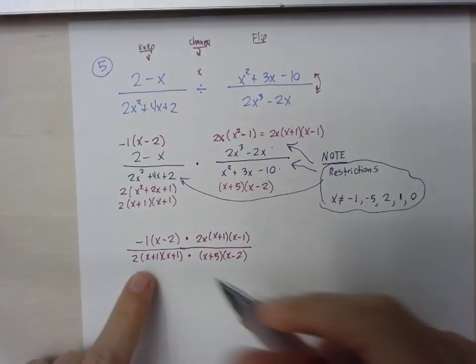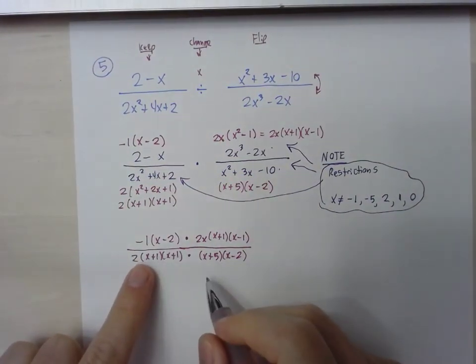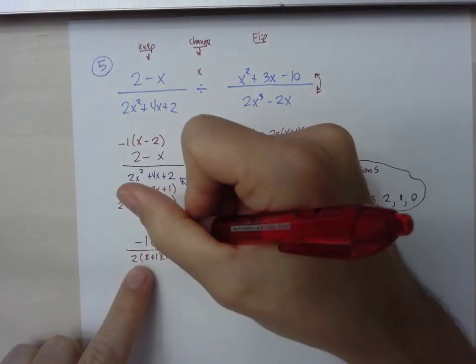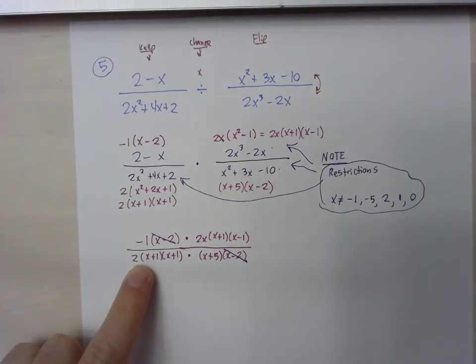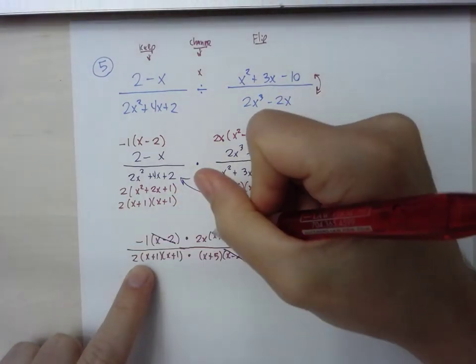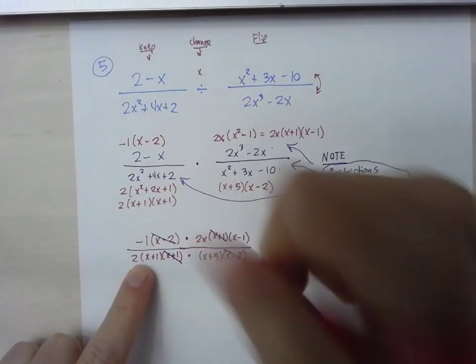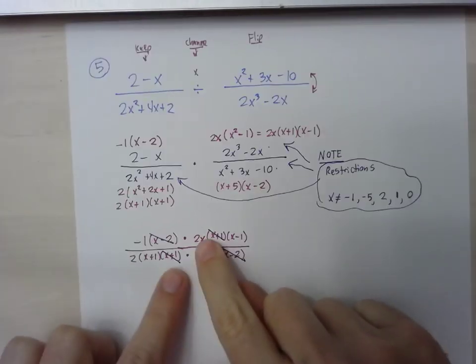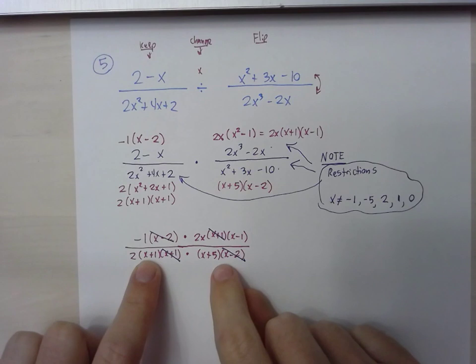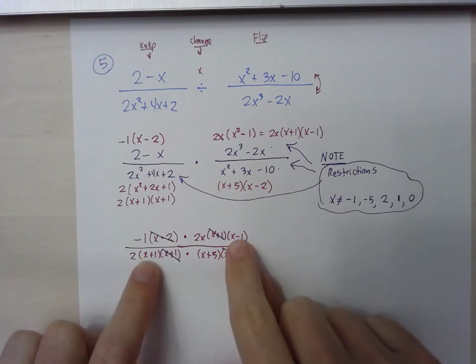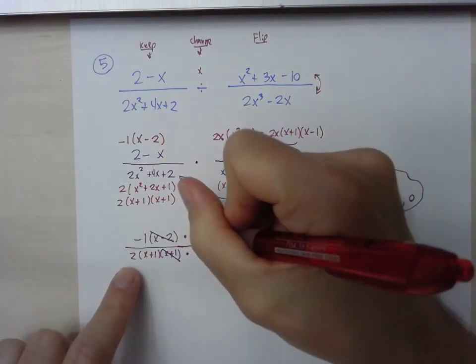So let's go back and cancel some things out from the denominator. This one has an x minus 2. So we'll cancel that out. It has an x plus 1. And I have another x plus 1, but we only can cancel out one pair. So one of them is going to be left over. I don't have an x minus 1. I do have a 2, but not an x.